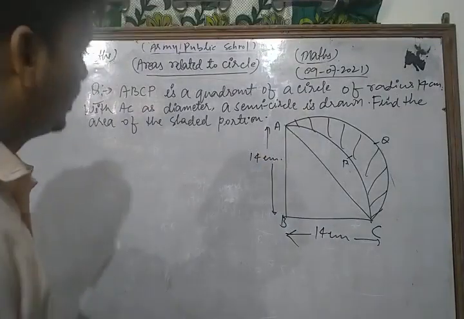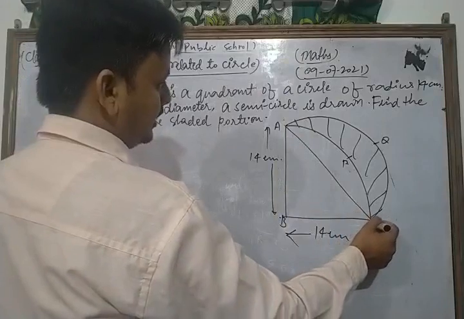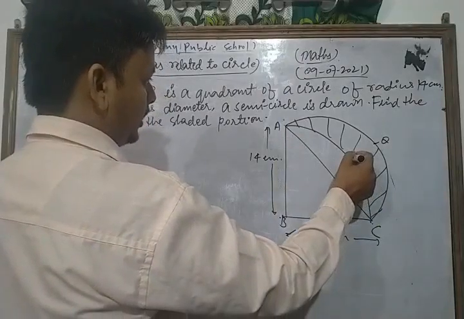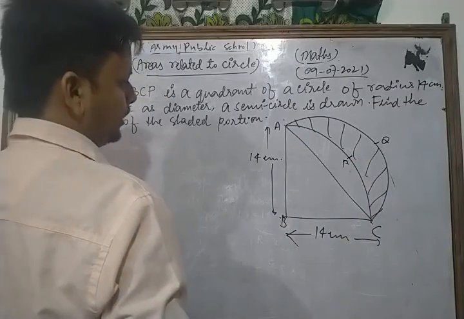Dear students, here ABCP is a quadrant of a circle of radius 14 centimeter.